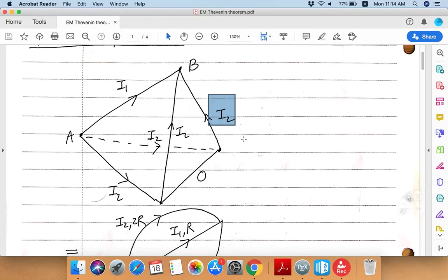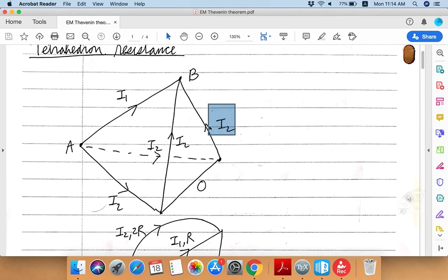And I call that value I2. Okay, so suddenly the problem is several times simpler than what we might have expected at the beginning.